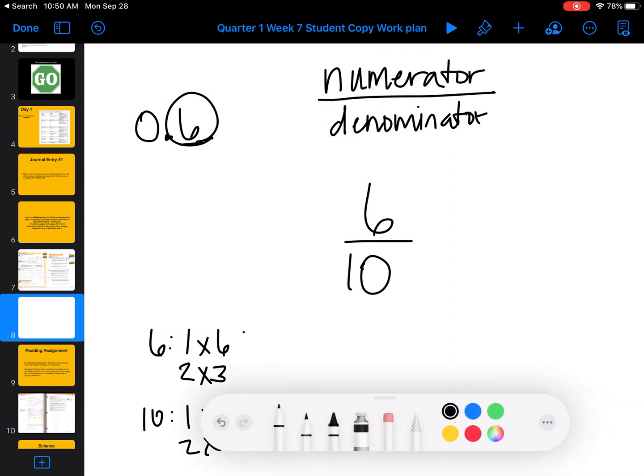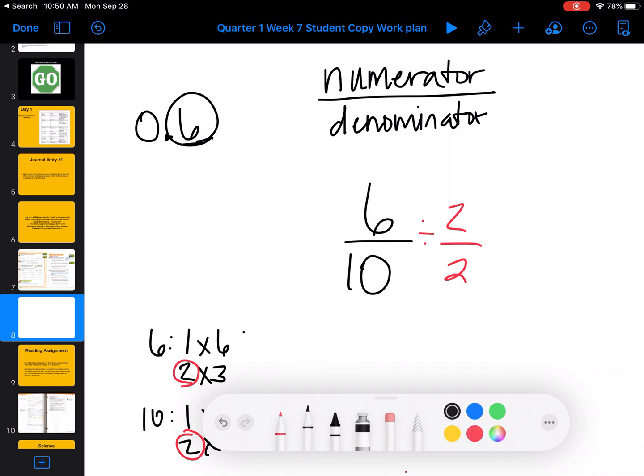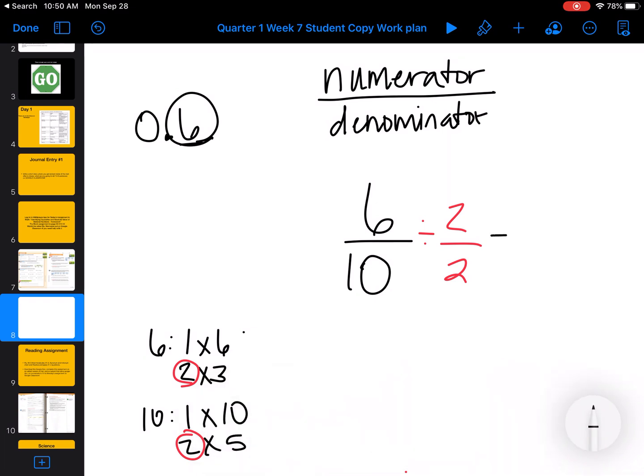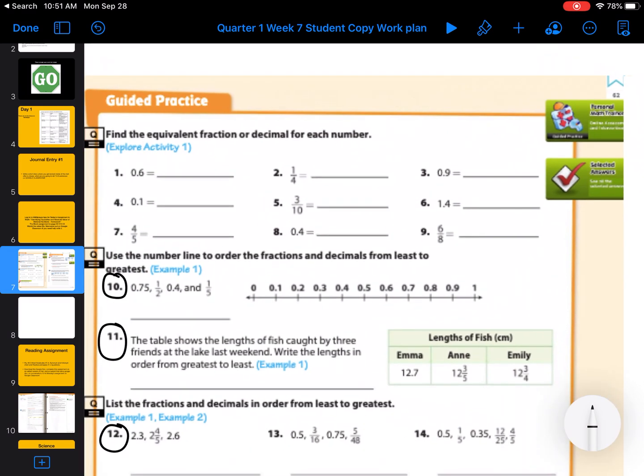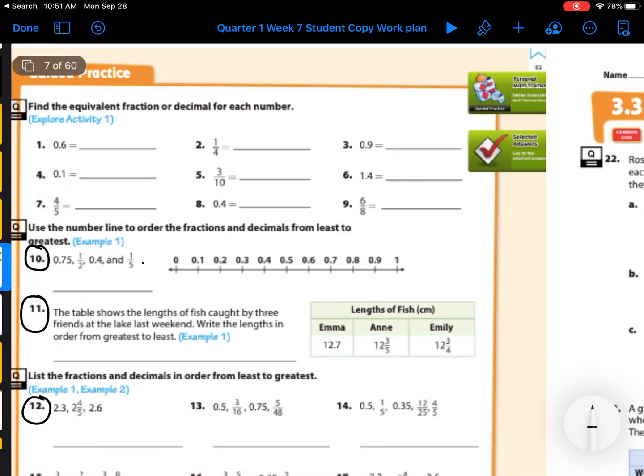So I know that they share 2. So I'm going to divide the top and the bottom by 2. So 6 divided by 2 equals 3, and 10 divided by 2 equals 5. So my answer for that one would be 3/5. So I will go up and write that on my line.